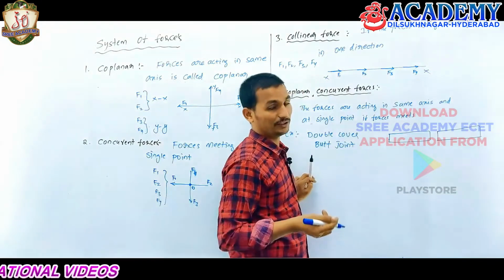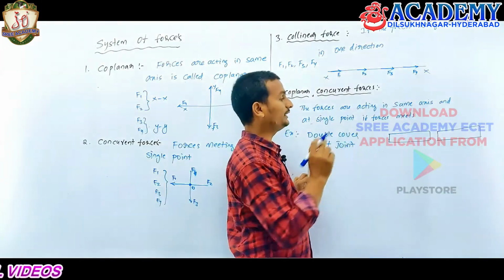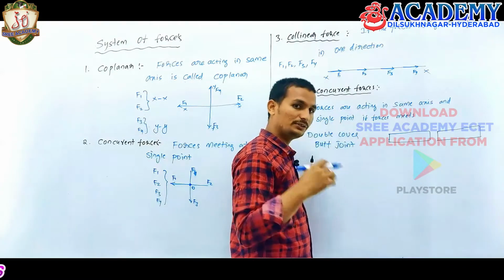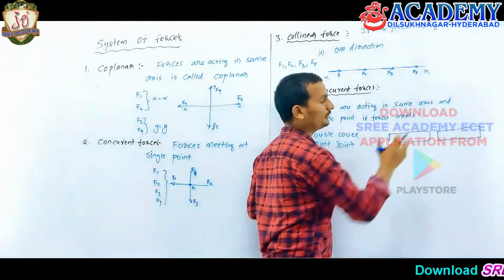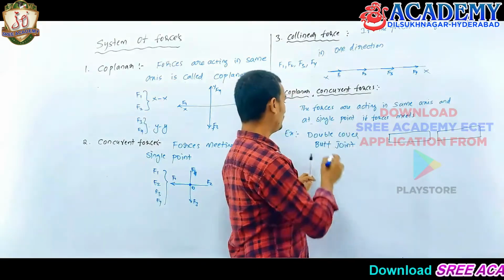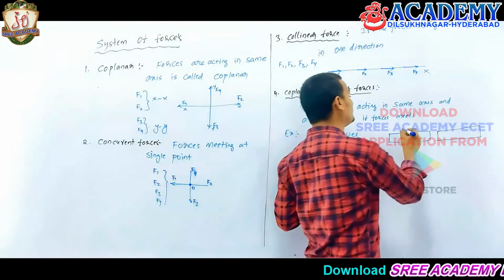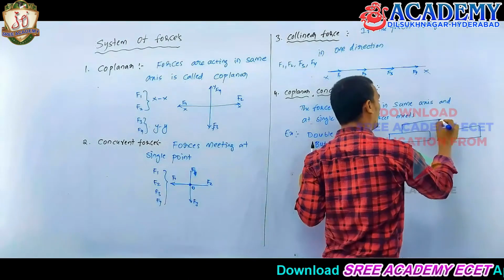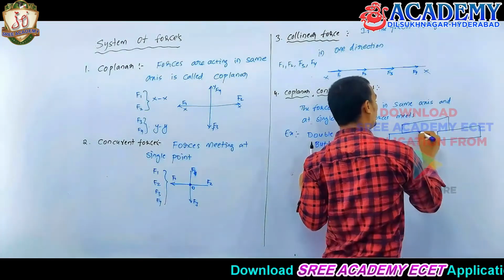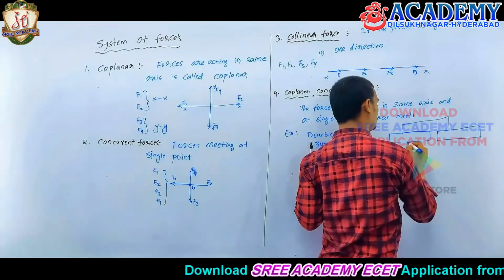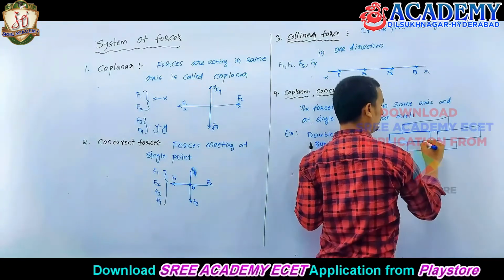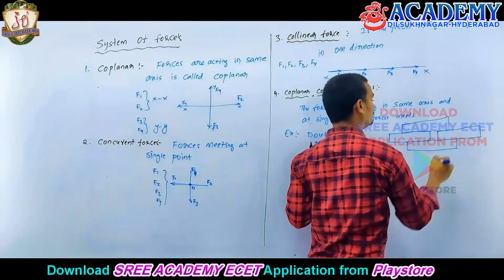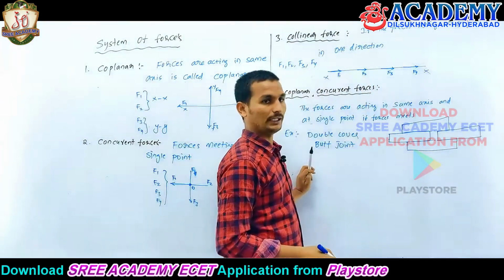We have different ways, that is by using bolts or rivets or welding, we can join the two members. Here the double cover butt joint is nothing but I am adding two plates at upper and bottom, that we call a double cover butt joint, right?